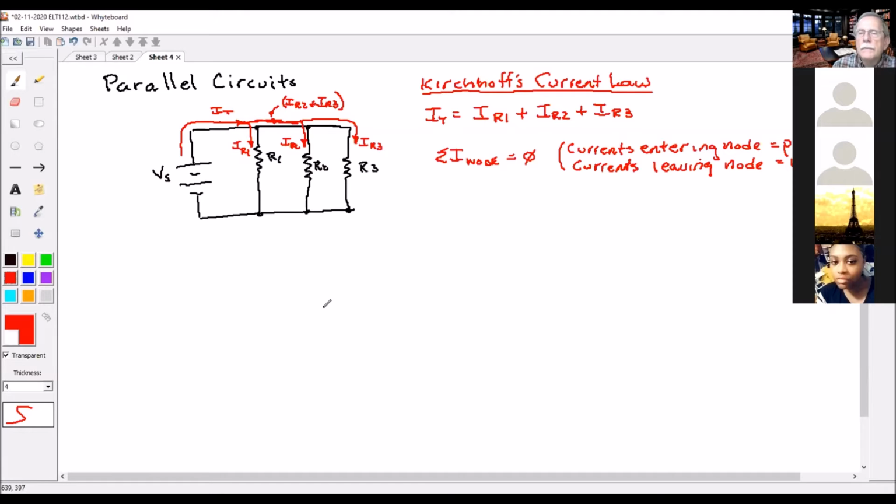Okay? So let's do a sample problem to verify those two and illustrate those two. So let's say, for example, we had this circuit.